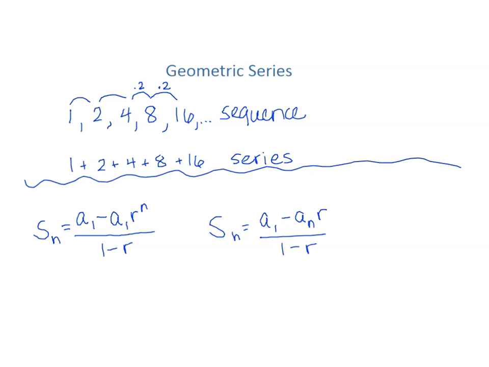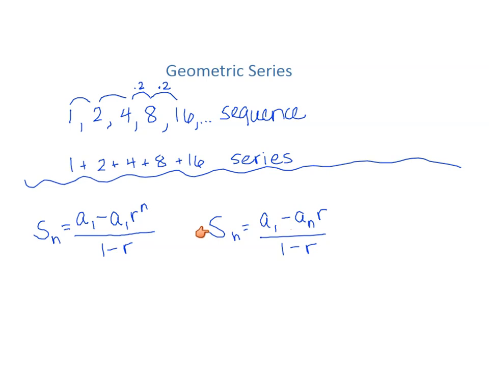Now the big difference you can see is that here I'm just using the first term, the common ratio, and then the number of terms that I want. Like if I want the sum of the first 5 or the sum of the first 7, that would be n. In this formula, I need to know the first term and the last term. So if it's a problem where you're given the first and the last terms, then this would be the formula you'd want to use.